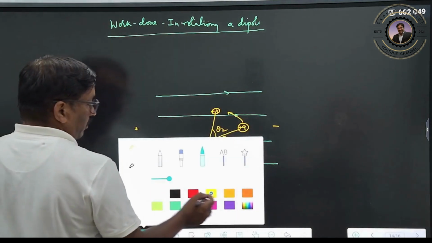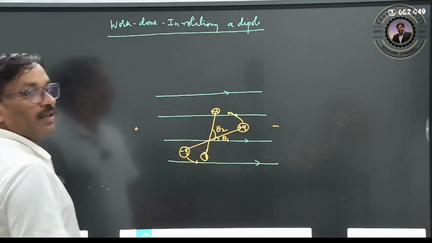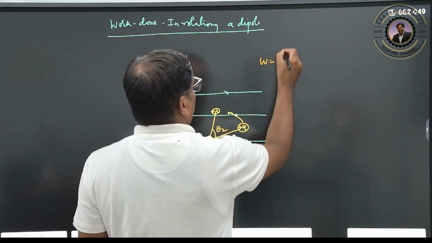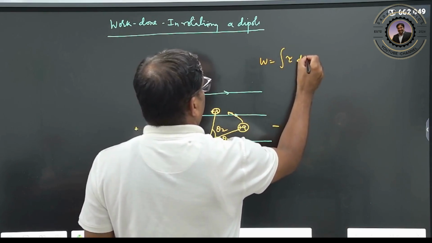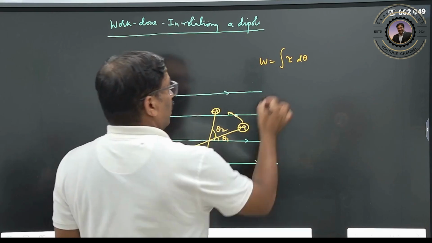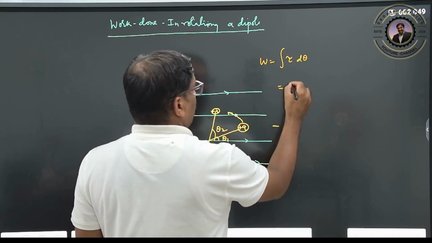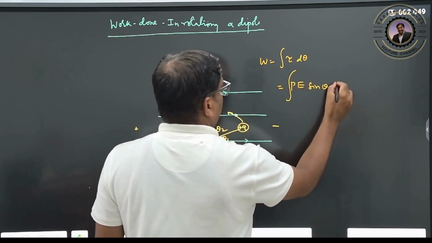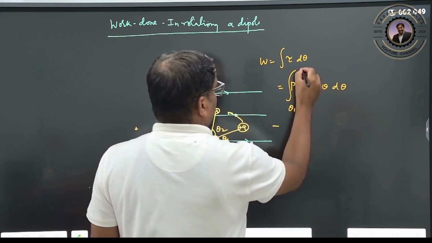So what will be the work done now? Here rotational work is done on the dipole. Work done is equal to the integral of tau d theta. Clear? The torque is PE sin theta. So the integral of d theta from theta 1 to theta 2.